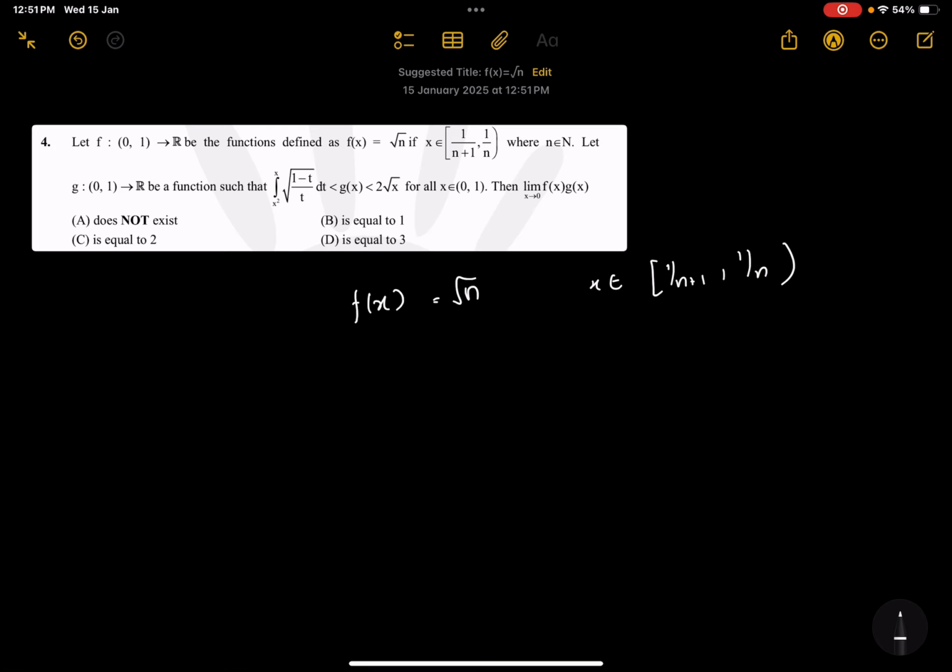We are given that x is less than 1 by n, which gives us that root n is less than 1 by root x. That gives us fx is less than 1 by root x.